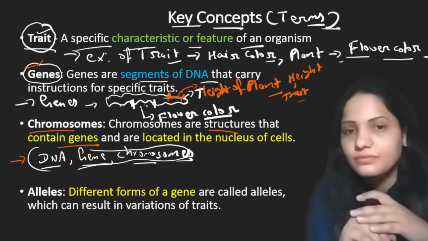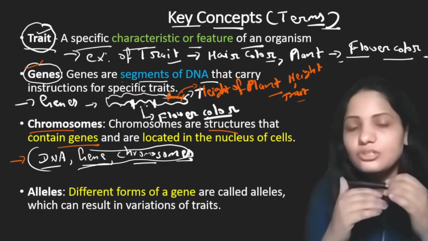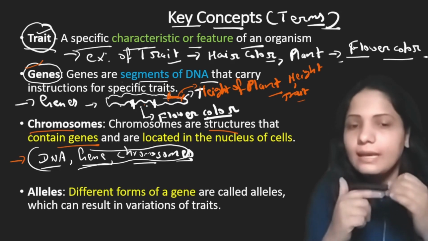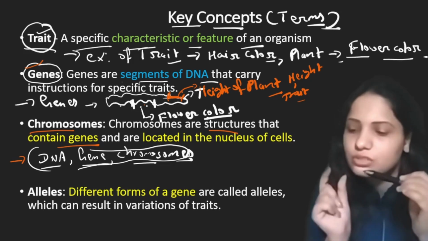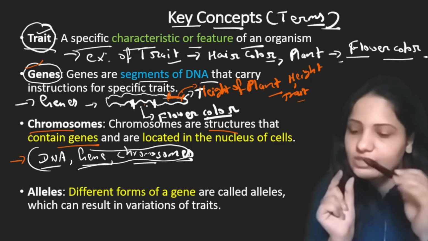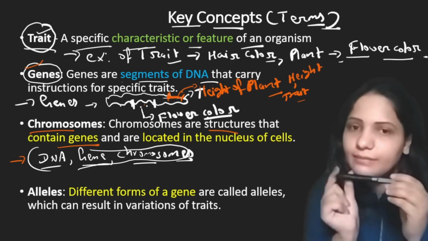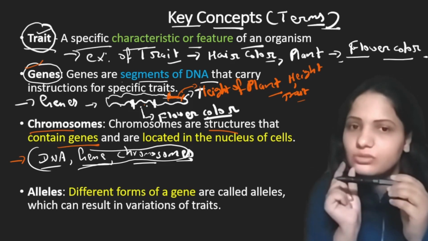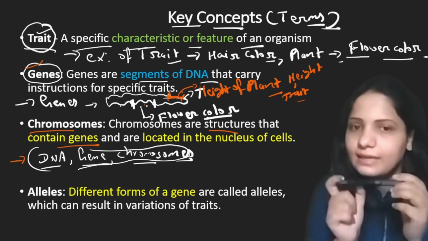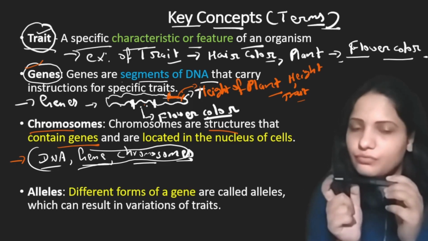But what is the difference? This gene is a specific part of the DNA which determines a specific trait, which is responsible for a specific function. This is the whole DNA, and a short segment of DNA is a gene. A gene is also DNA, but it is a short segment of DNA.